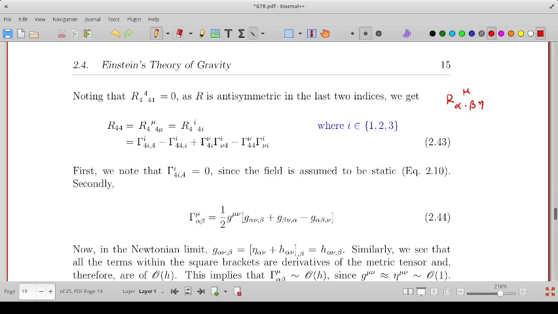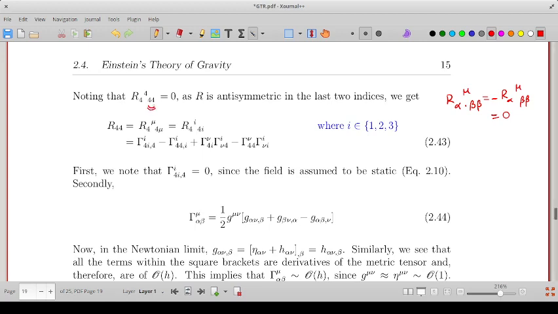So that means if these two indices are the same, that is, if we have a term like R alpha mu beta beta, this should change sign under the interchange of these two, but then this will still be the same. So that will be R alpha mu beta beta with a minus sign, which implies that this is equal to 0.